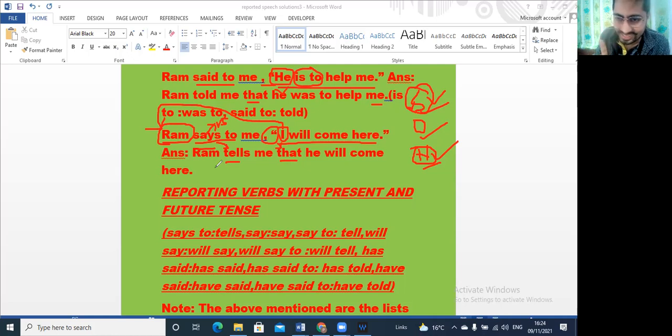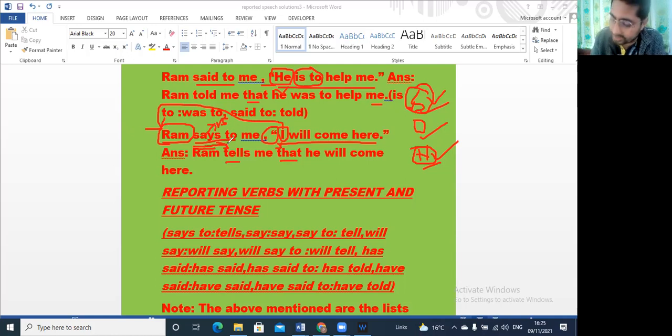okay, he will never changed. I have mentioned before, will changes to would, shall changes to should, can changes to could, may changes to might. But in this case, we are not going to change the tense. Why? Because the reporting verb is in simple present tense or present tense.